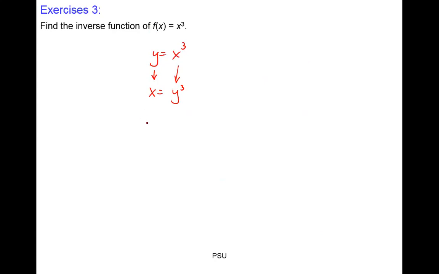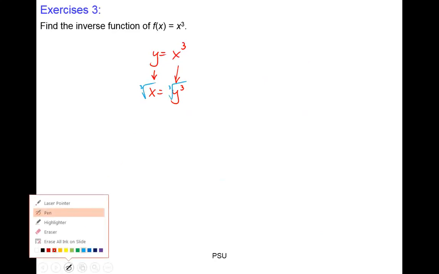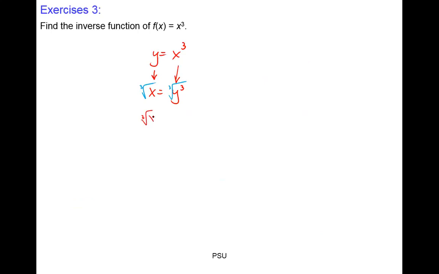I have to take just the cube root of both sides. This will be cube root of x. Cube root of y cubed is just y. I can switch the order, and my new y is, of course, the inverse.